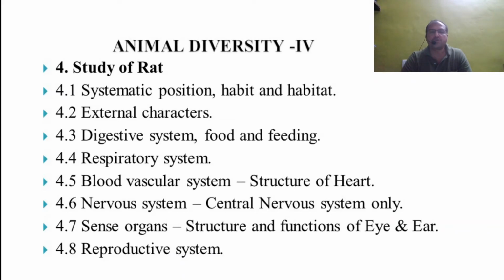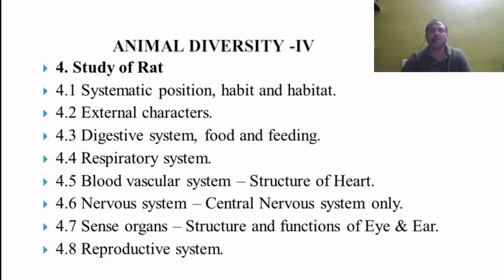Its systematic position, habit and habitat, external characters of rat, digestive system along with the food and feeding, respiratory system, then blood vascular system along with the structure of heart of rat, then nervous system.